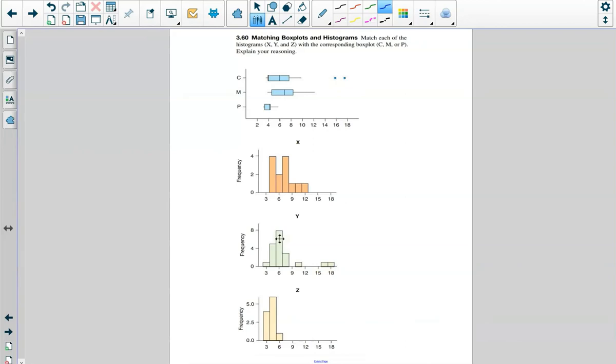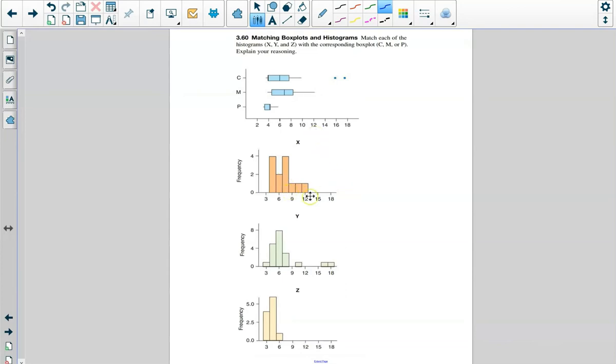All right, now let's look at everybody else. If you look at this guy right here, remember, this is the lowest and this is the highest. So M starts at 4 and ends at 12. I need a histogram that has bars from 4 to 12.